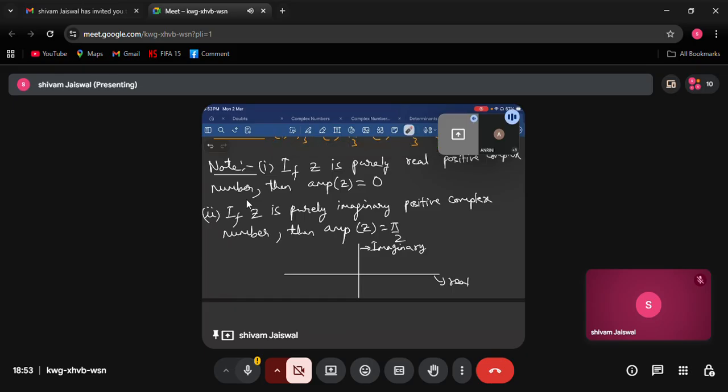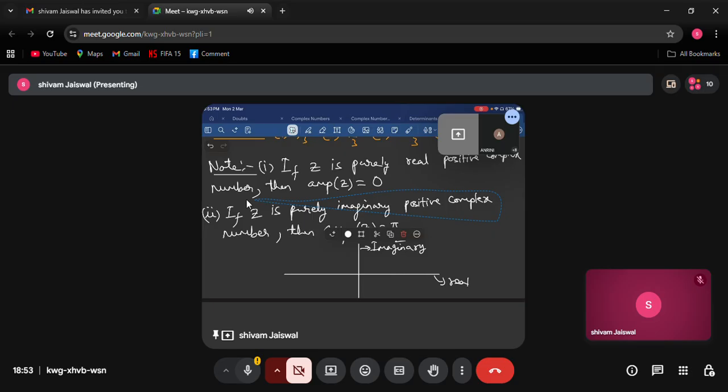So if Z is lying anywhere over here, positive real axis, what is the angle it is making with the positive x-axis? 0. So that is why it is 0. And if it is a positive imaginary number, then 90 degree, pi by 2. Okay.